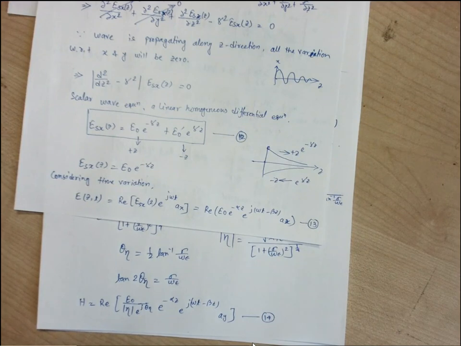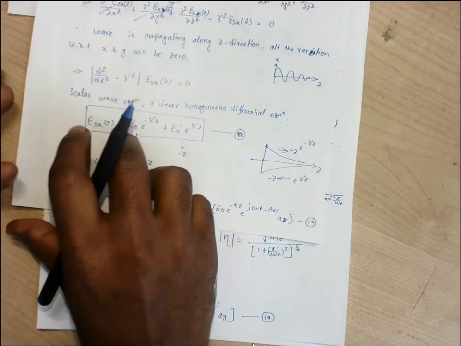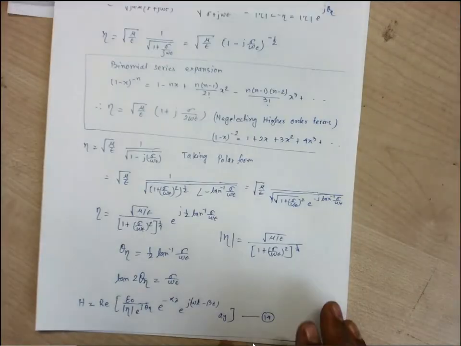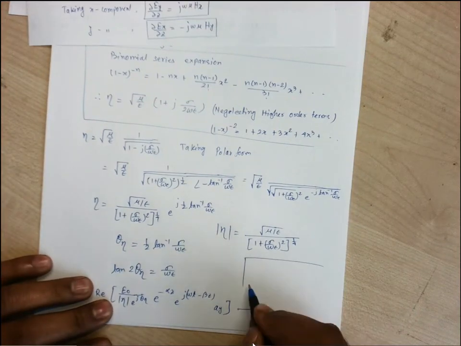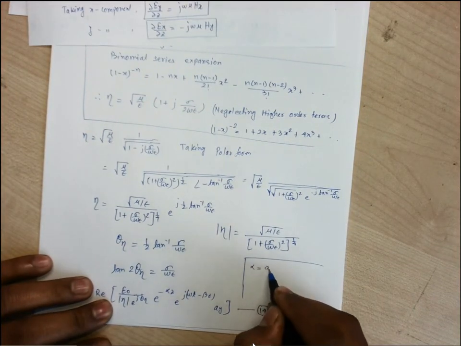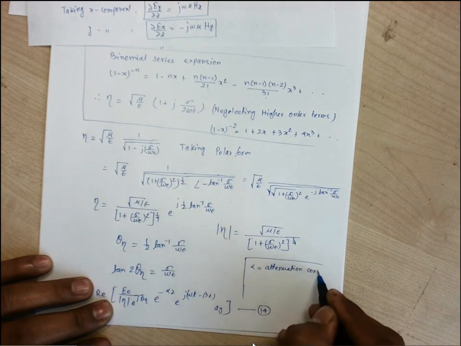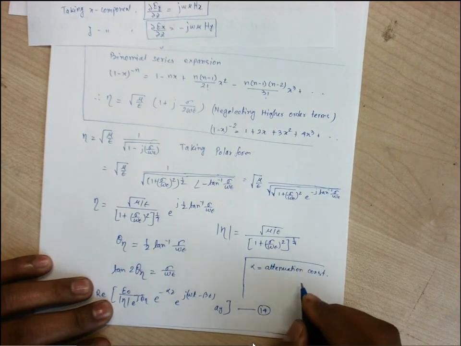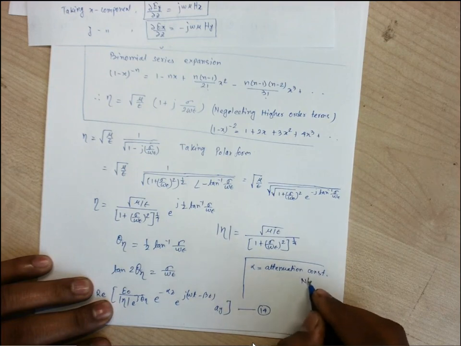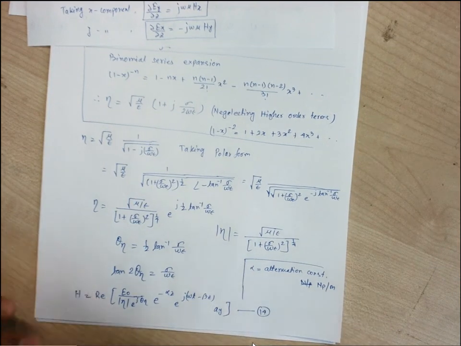Okay. This alpha is known as attenuation constant, and it is having the unit of, I am just writing here, alpha is the attenuation constant. It is having the unit Np per meter.